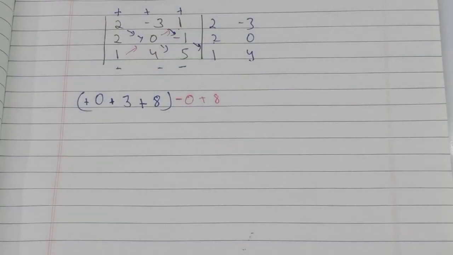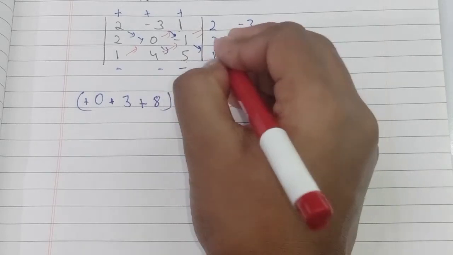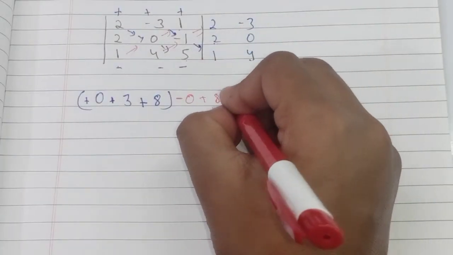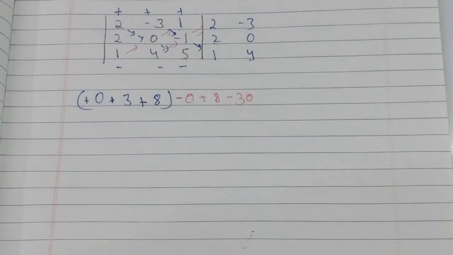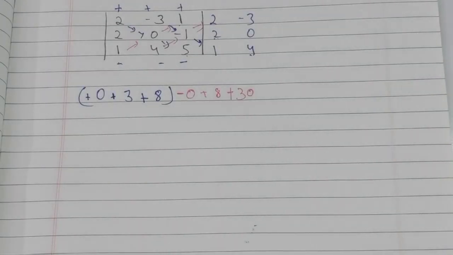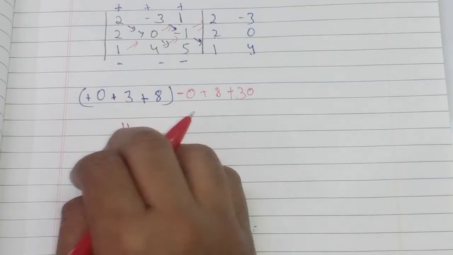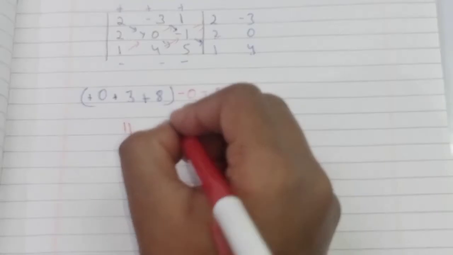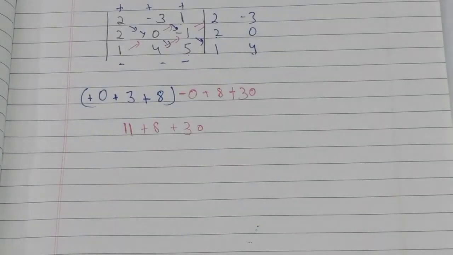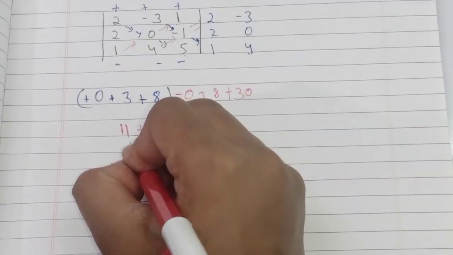Now negative 5 into 2, that's a negative 10, negative 10 into negative 3, that's a positive 30, since minus into minus cancels out. Now if we simplify, we get 3 plus 8, that's 11, minus 0 doesn't matter, 11 plus 8 plus 30. So we get our answer as 49.